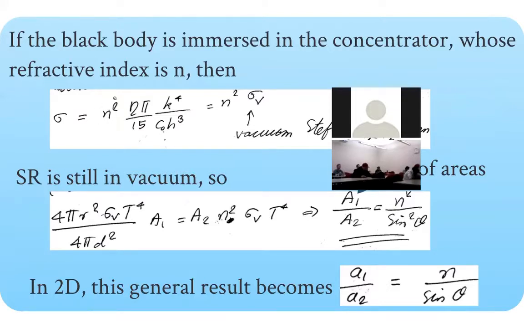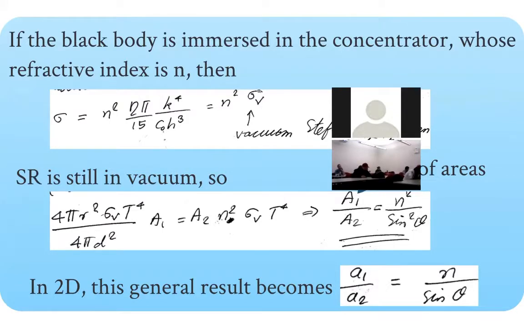You don't need to know this because it comes from quantum mechanics. But essentially, the Stefan-Boltzmann constant itself scales as the square of the refractive index of the material. In other words, sigma in a material of refractive index n is n squared times the sigma in vacuum.